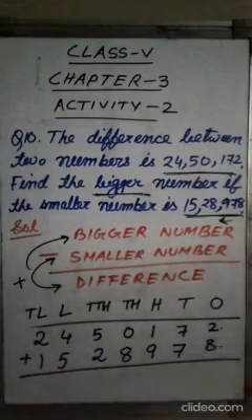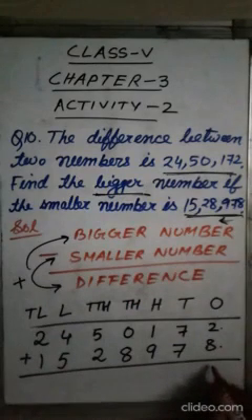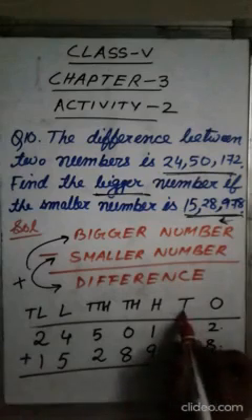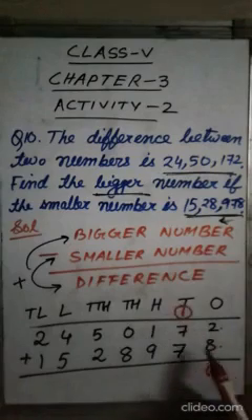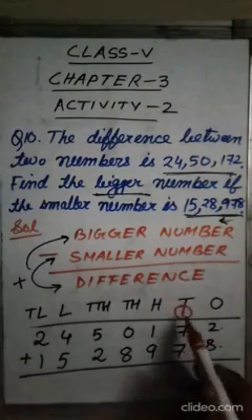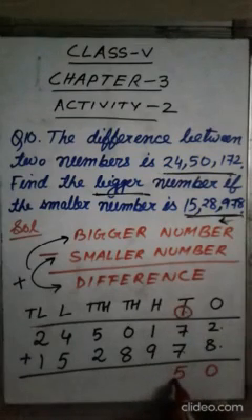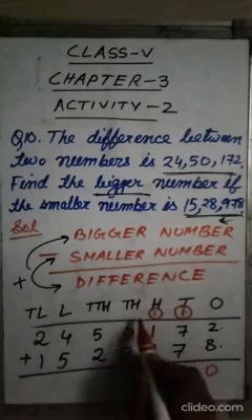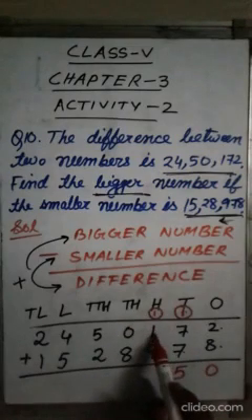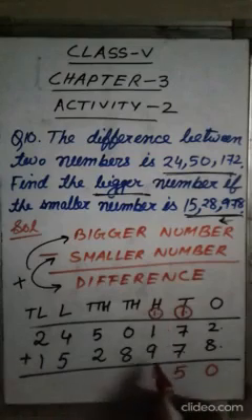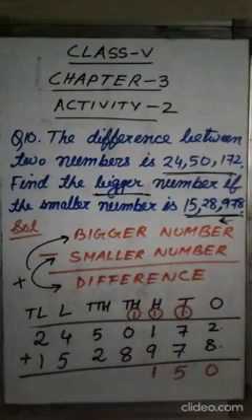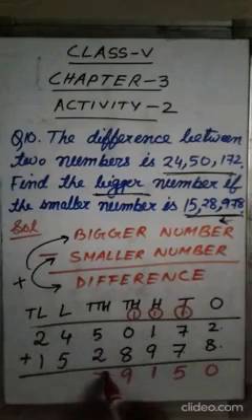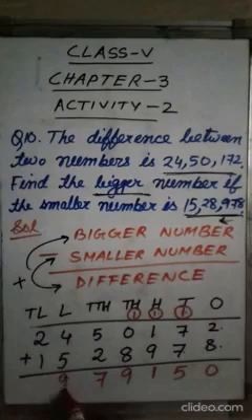So 2 plus 8 is 10, 0 will be here, 1 will be carried forward. 7 plus 7 is 14, 14 plus 1 is 15, 5 here, 1 will be carried forward. 9 plus 1 is 10, 10 plus 1 is 11, 1 here, 1 will be carried forward to the next place. 8 plus 1 is 9, 5 plus 2 is 7, 4 plus 5 is 9, 2 plus 1 is 3.